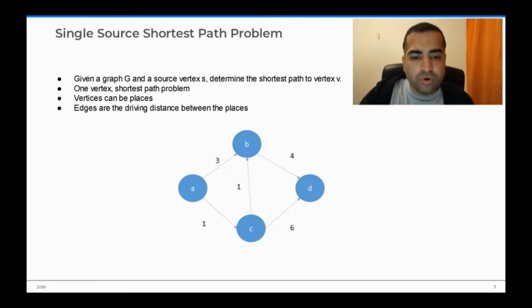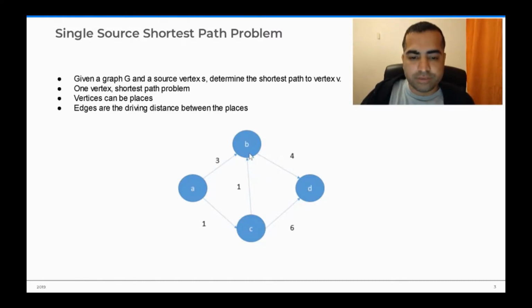We have a graph with four nodes, A, B, C, and D. As you can see, it's a weighted graph, so there are different weights between the nodes. Now to reach point D from point A, we have multiple options available.